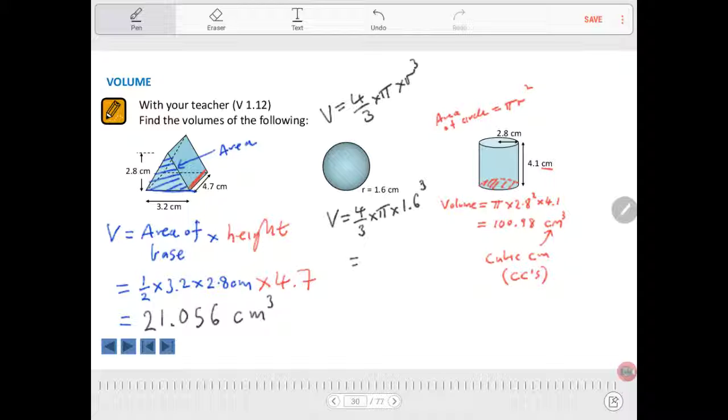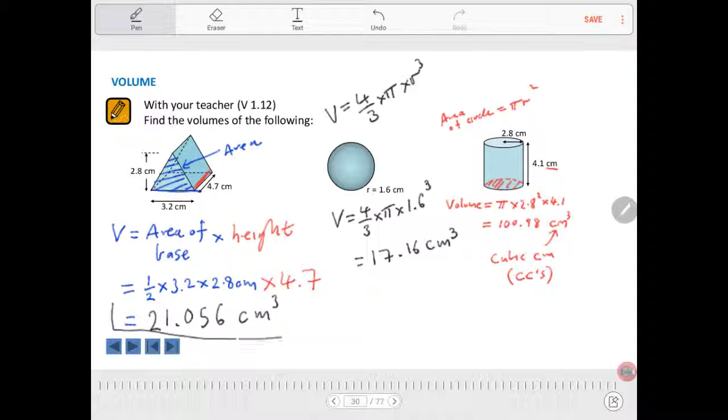Remember, if you're not sure how to do it, get me to show you. And the number we should get is 17.16 cubic centimetres. So there are our two answers for those ones. Okay, so go ahead and try some of the questions that are assigned in the textbook.